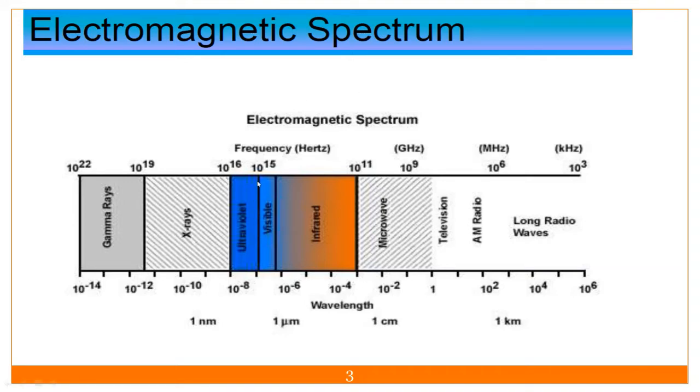Previously remotes used infrared, now we use RF remotes. On the visible ray side near ultraviolet you will find the violet ray, which is the blue side, and here you will find the red side.